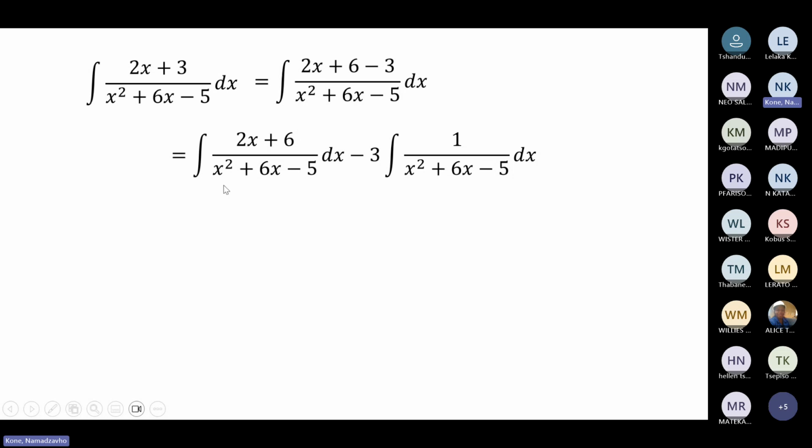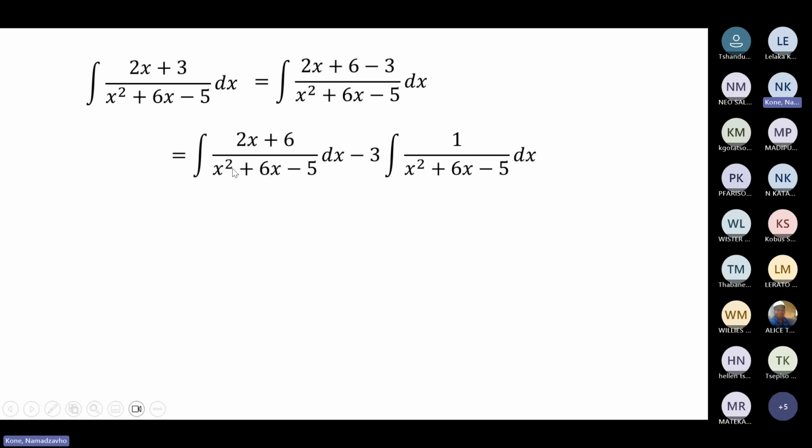So if you put this together, you get back to this. If you put this together, you get back to that. So up to here, there is nothing magical with it. It's just normal arithmetic manipulations. Now, this part, because of the fact that this has got this as its derivative, there's a rule number 3 that we will use.